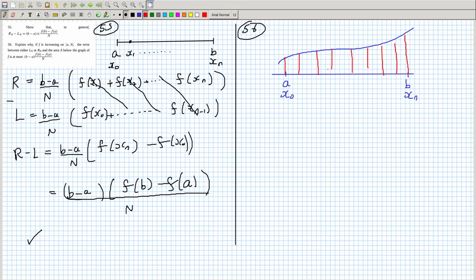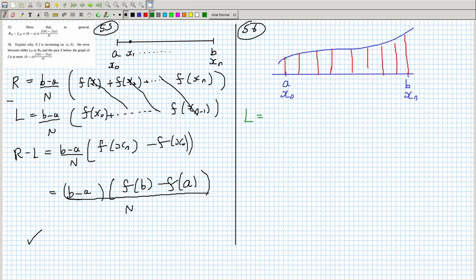Okay. So explain why f is increasing. The area between the left or right and the area A below the graph is at most that. Okay. So let's look at the left area.